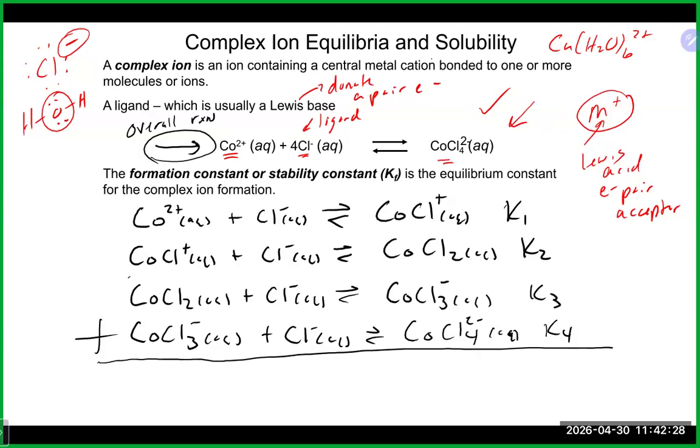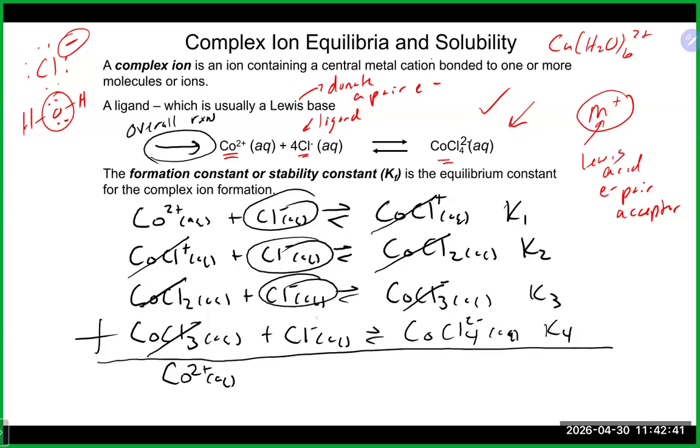If you do that, that cancels, that cancels, that cancels, and you're left with the overall reaction, which is cobalt hooking up with 1, 2, 3, and 4 chlorides to make this complex ion right here.